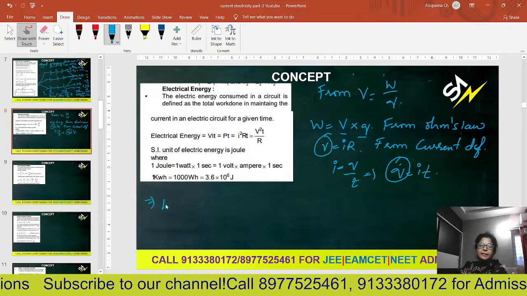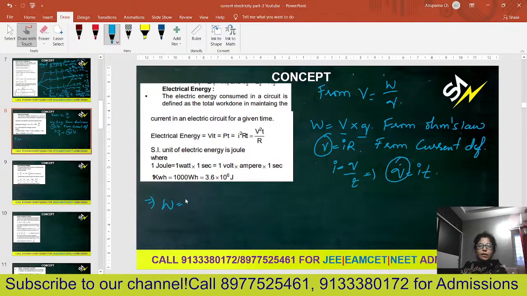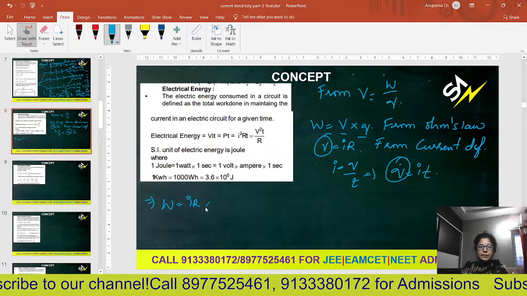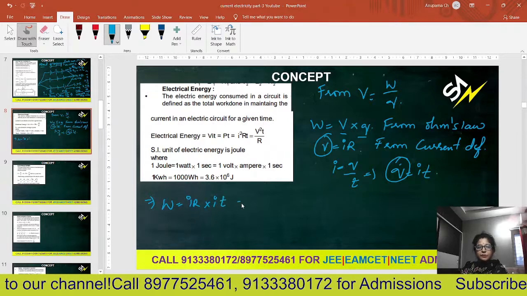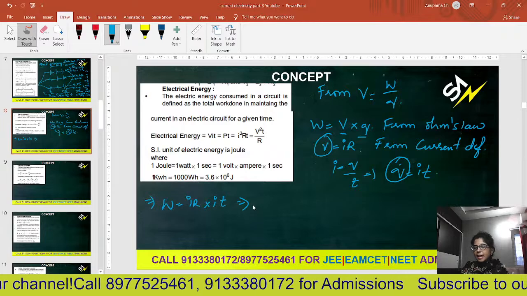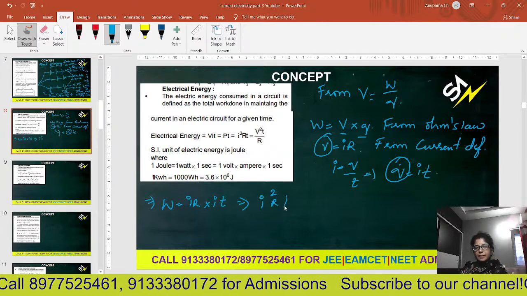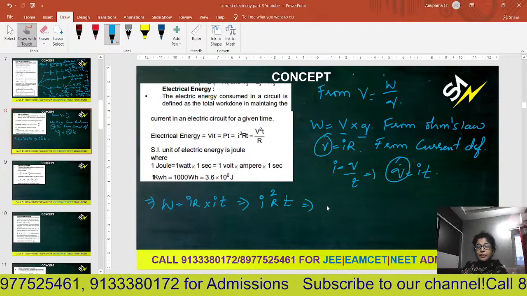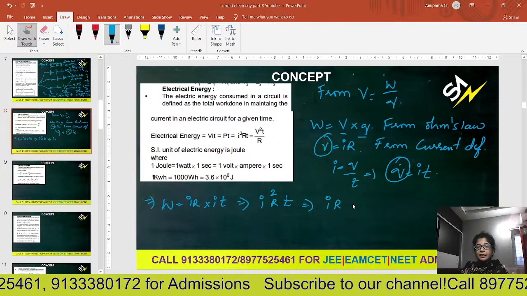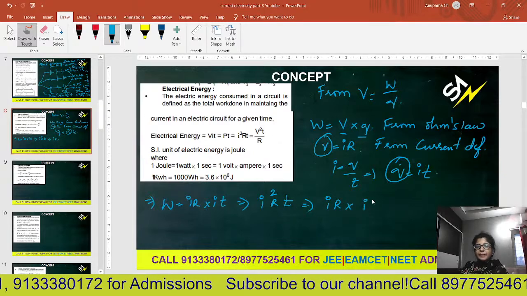Then what I get, W is equal to I into R into I into T. So we can write this as I square RT. Or I can also write this as IR into I into T.